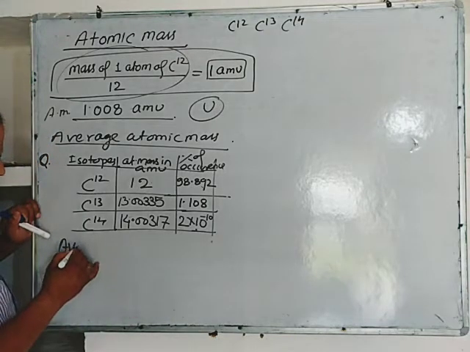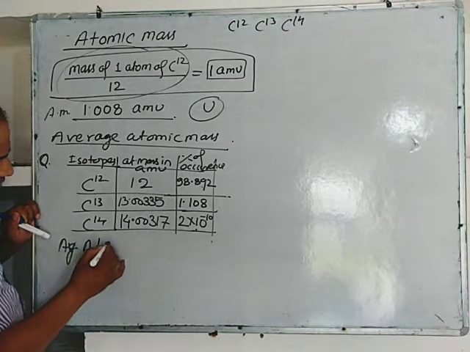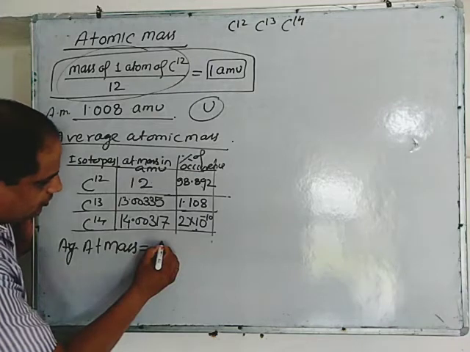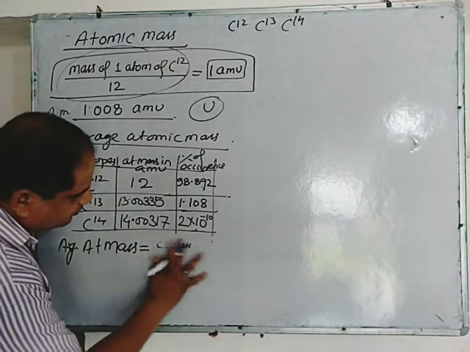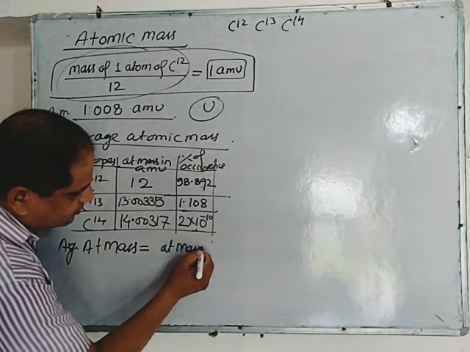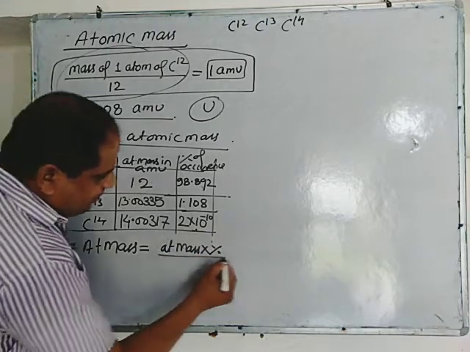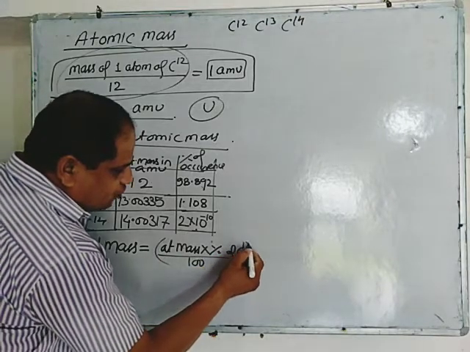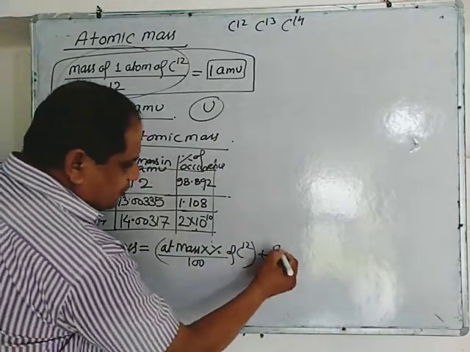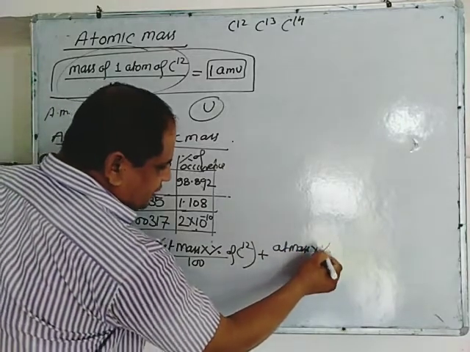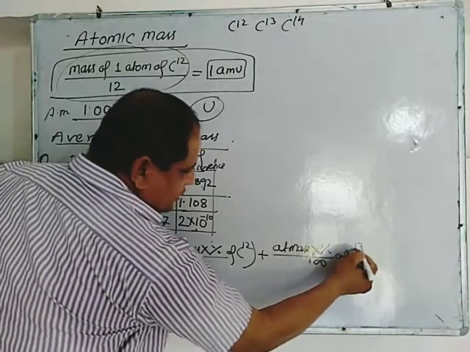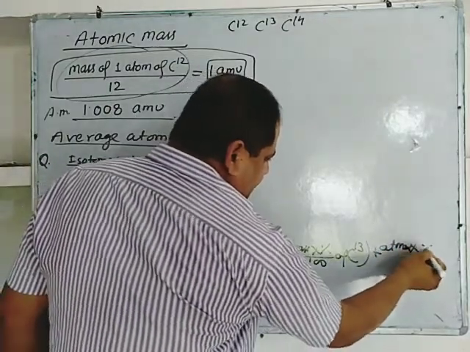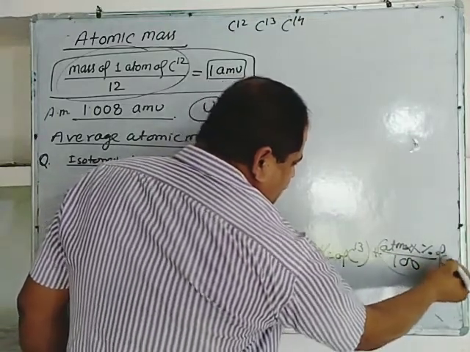Average atomic mass equals atomic mass into percentage upon 100 of C12, plus atomic mass into percentage upon 100 of C13, plus atomic mass into percentage upon 100 of C14.